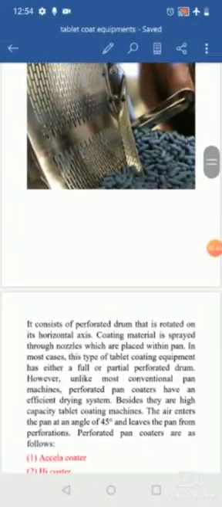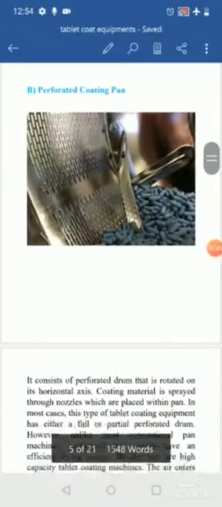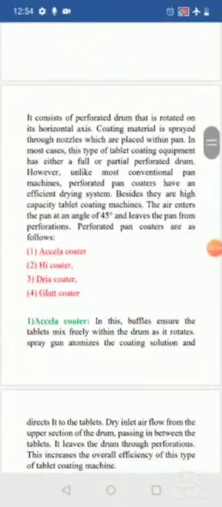Here you can see the steel blade, that is the baffle. It provides proper, efficient mixing of the tablets within the drum, so the tablets do not stick to one another, and there is uniform and efficient mixing of the spraying solution, that is the coating solution, as well as the air.